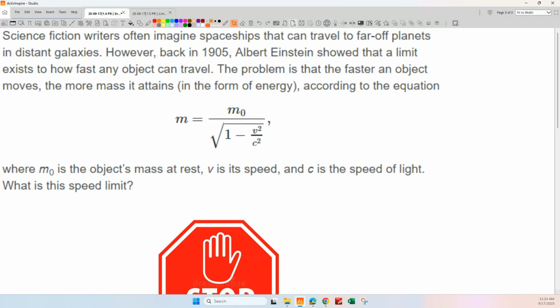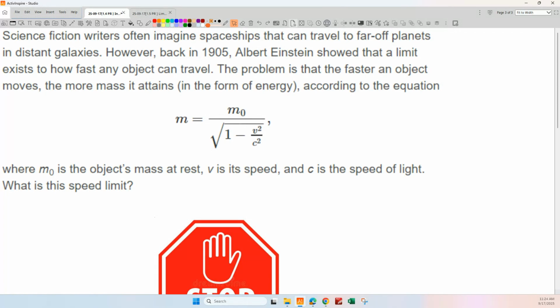That was special relativity, but close to 1905. Relativistic mass is equal to rest mass, in other words, the mass of an object when it's completely at rest, divided by the gamma factor, the square root of 1 minus v squared over c squared, where v is the velocity of the object and c is the speed of light. Okay?